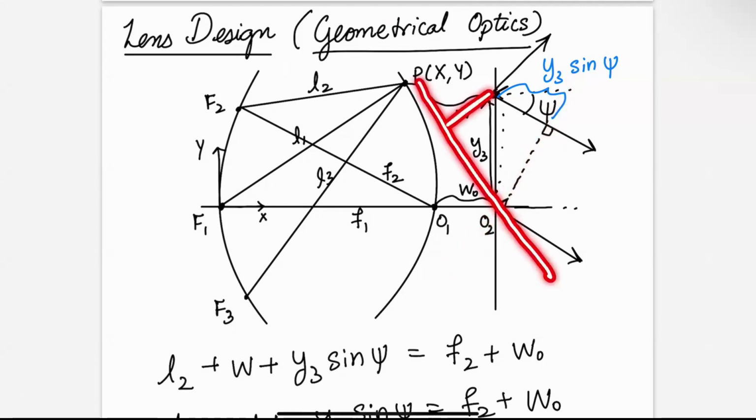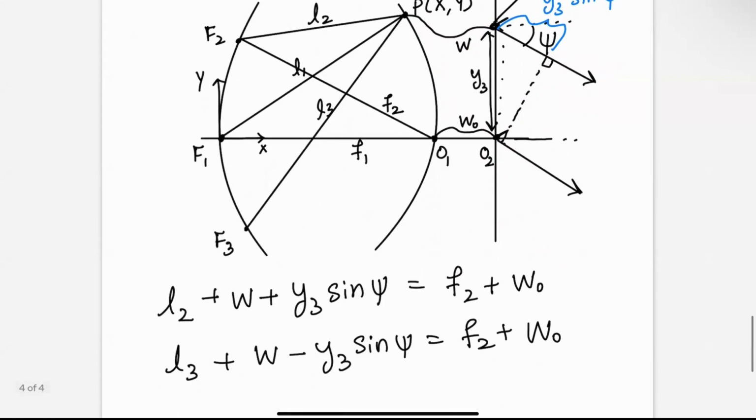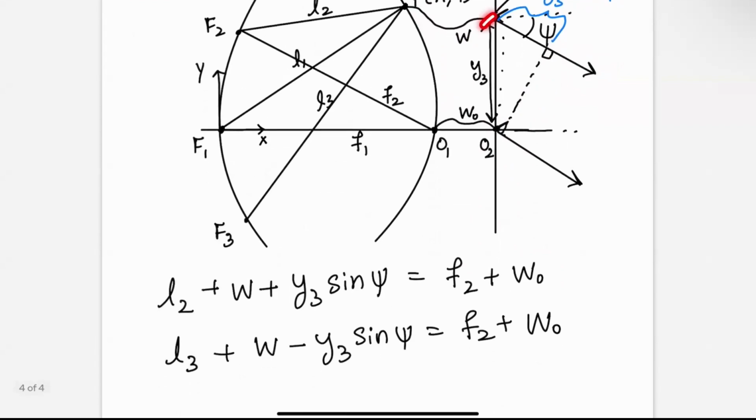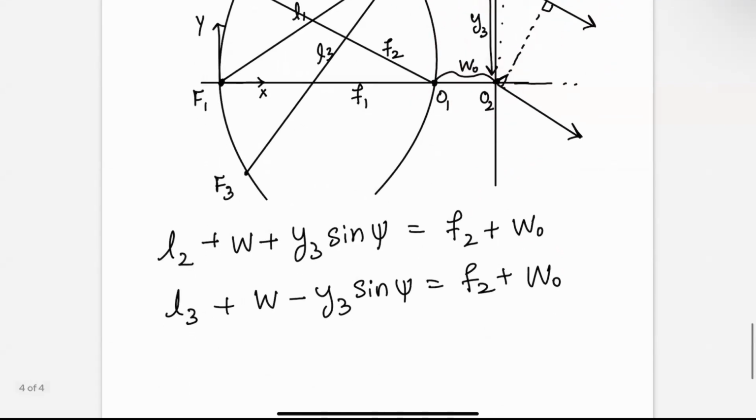So this is the minus y3 sine psi, or you could say this, or this, either of them. And that's why you need the negative part there.